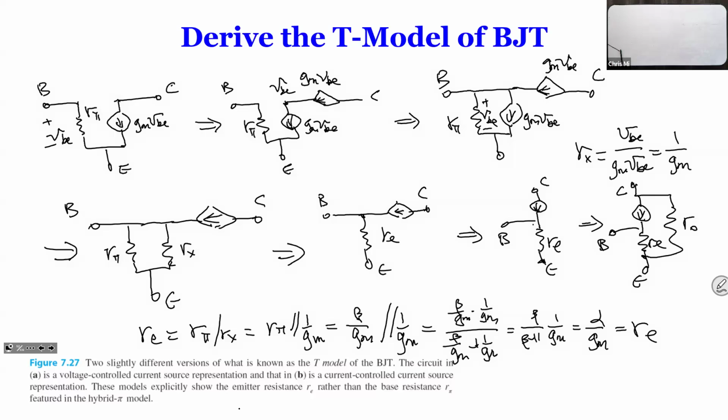And the voltage VB is right across here. So this is Gm times VB. So there's two equivalent circuits, also the T model.